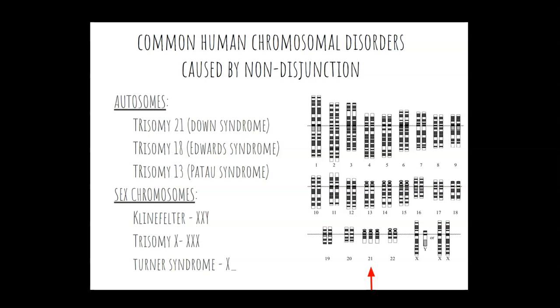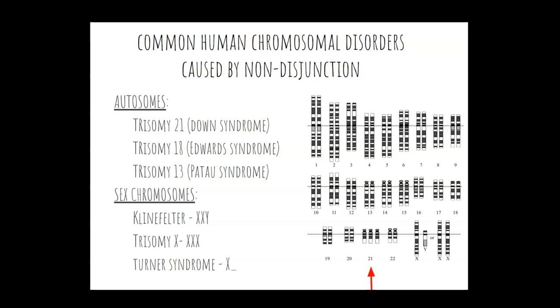And what that means is that if an embryo has got trisomy 18 or 13, that child is likely to either die in utero or very shortly after birth, and it will not be able to grow up. Sex chromosomes can also have monosomy or trisomy. Klinefelter syndrome is where there is an extra copy of the X chromosome.